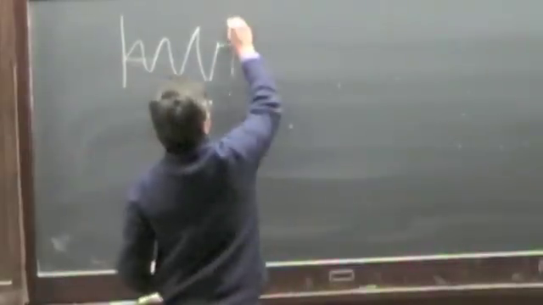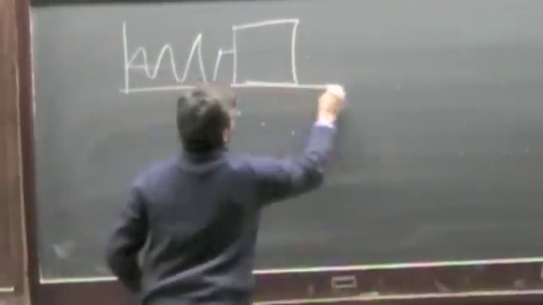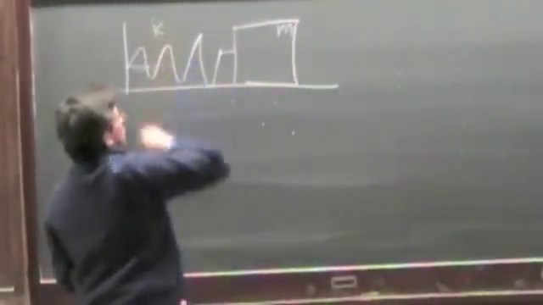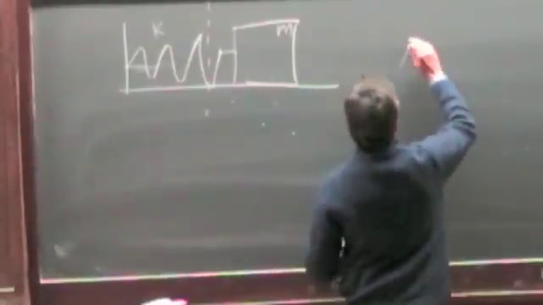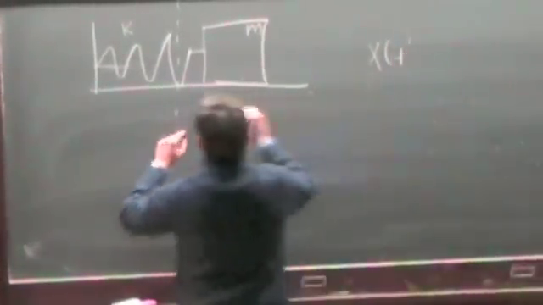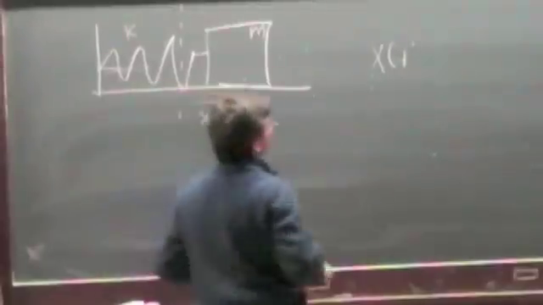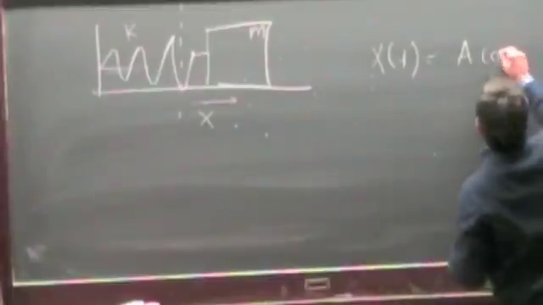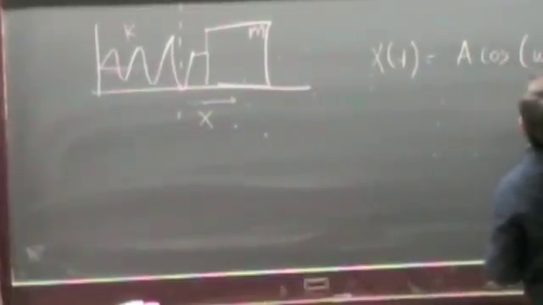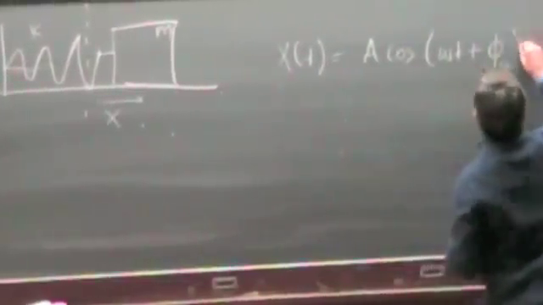So this oscillator with mass m, constant k, moves back and forth, and we said that we can describe at all times the location of this guy. It's going to be a function of time, and the function that somebody found a long time ago was this, right?